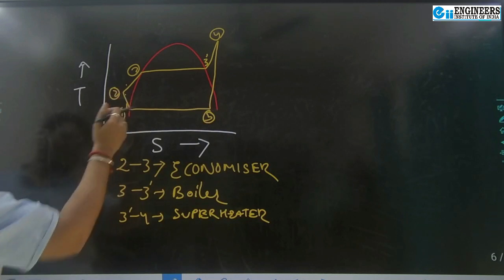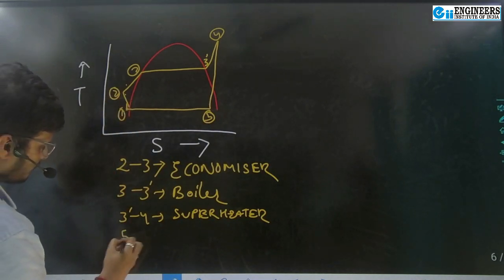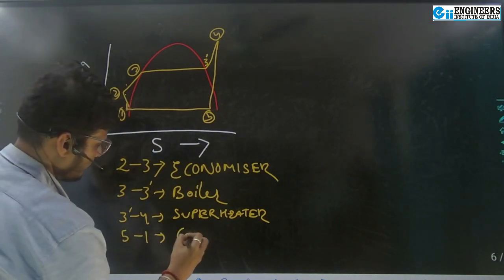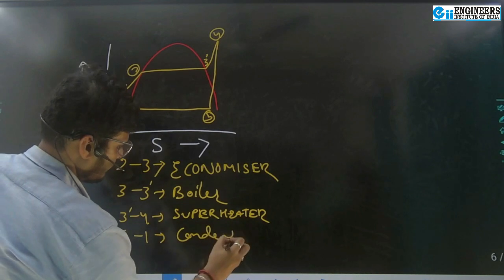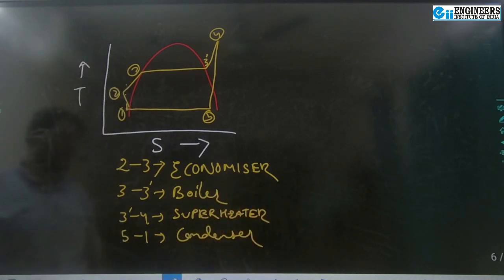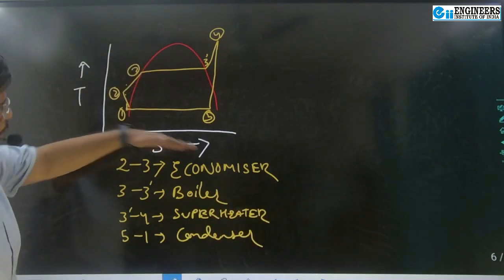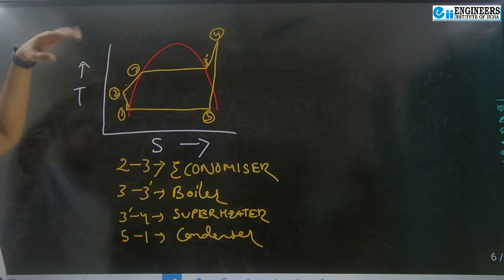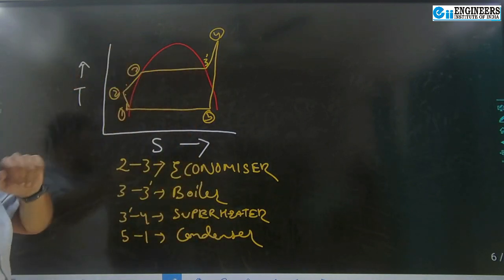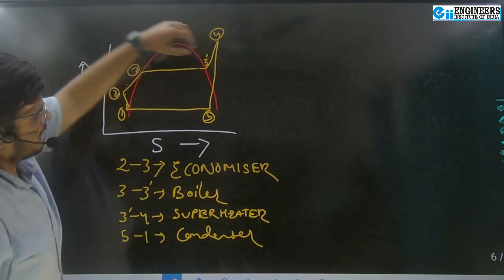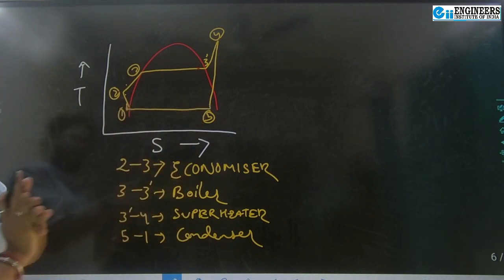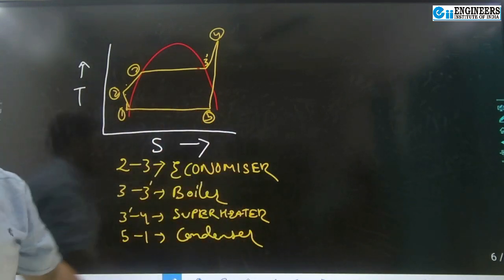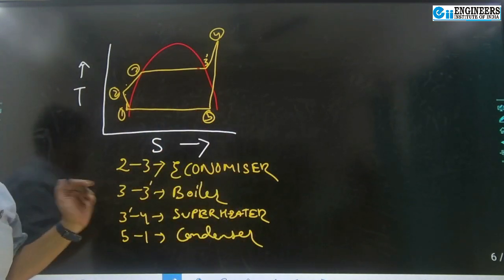And from 5 to 1, condenser. So this economizer, you can see, is increasing the fluid's temperature. Here also the temperature change is happening. It is also increasing the temperature. Here the temperature is decreasing.